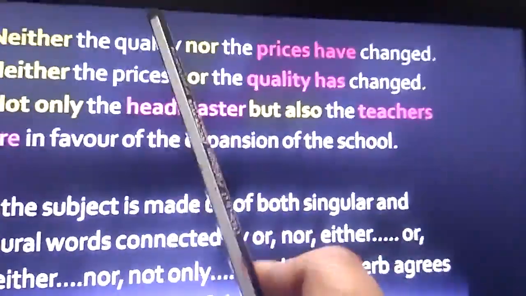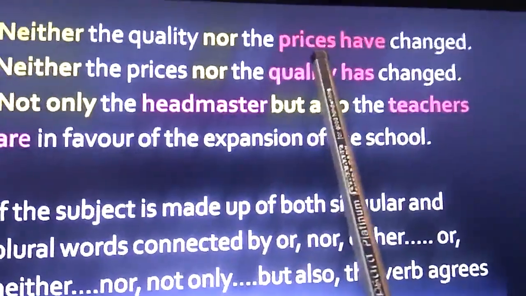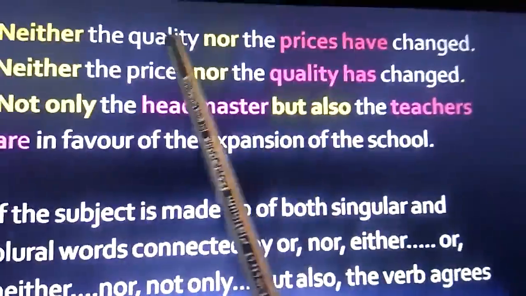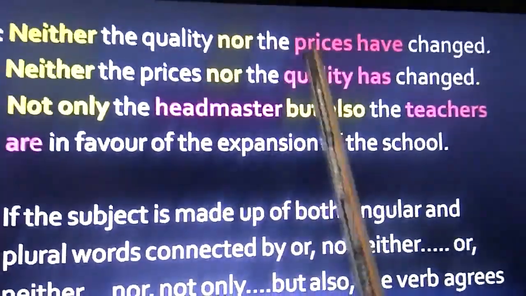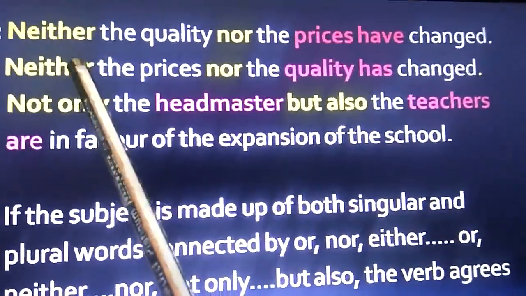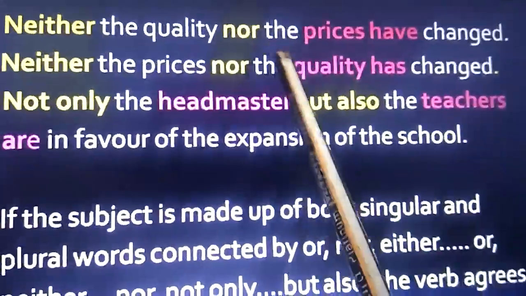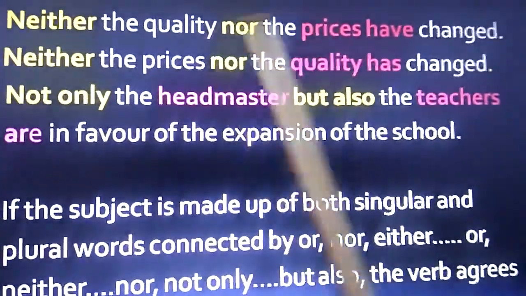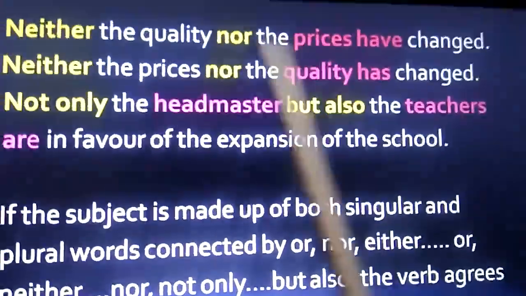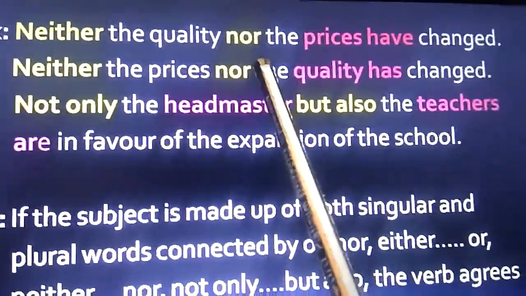And we have one more noun here, prices, which is in plural form. One is in singular form, the other is in plural form, and these two nouns are connected by using neither, nor. In this sentence, two subjects are there. One subject is singular, the other subject is plural, and these two subjects are connected by using neither nor.